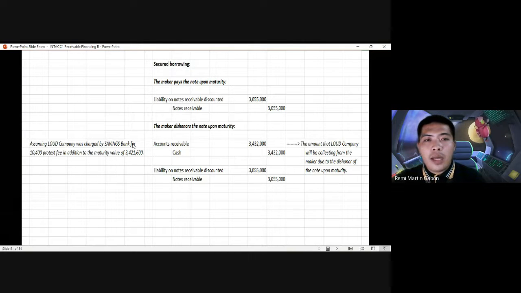Then afterwards, debit ka ulit ng liability on notes receivable discounted, then credit ka na ng notes receivable. Okay? So maraming process na pagdadaanan kapag with recourse. Okay? So kindly raise hand kung nahabol ako dyan.